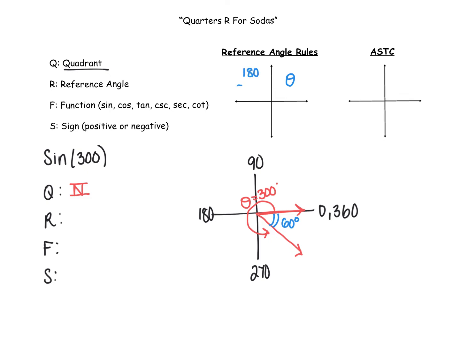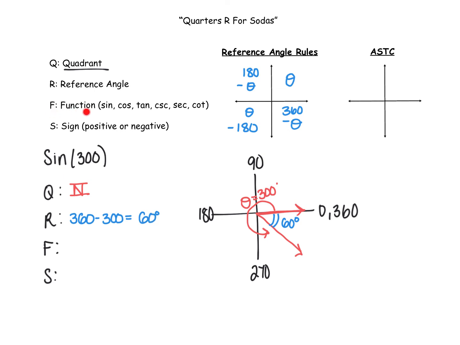In quadrant 2, you would do 180 minus the angle. In quadrant 3, it would be the angle minus 180. And then in quadrant 4, it would be 360 minus the angle. If you can do it in your head, that's great, but I'd still like to see the work. So since we're in quadrant 4, we have to show that we're doing 360 minus the angle of 300, which gives us 60.